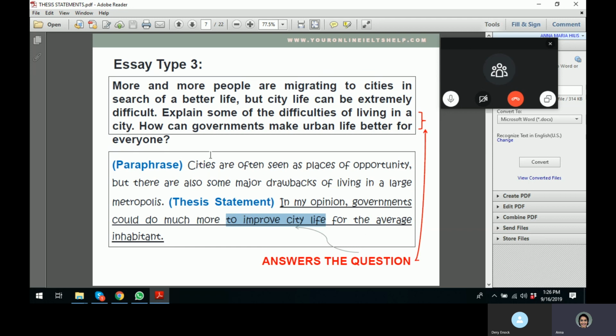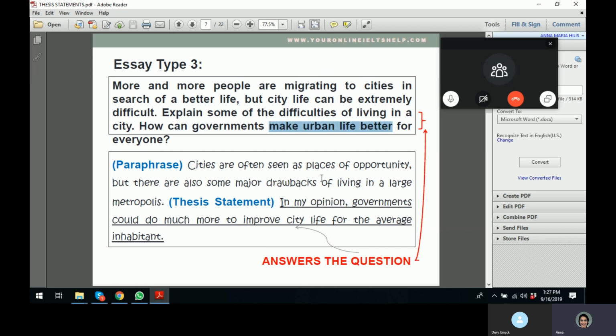And take note of the paraphrases like cities, metropolis. That is also in the task, cities. Governments is there. Urban life. To improve, make life better. Make urban life better.